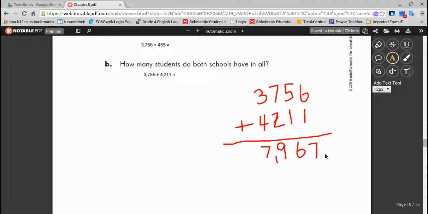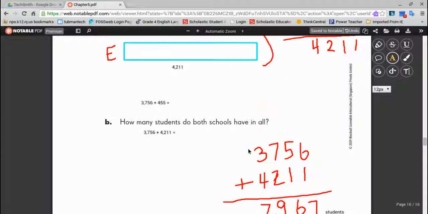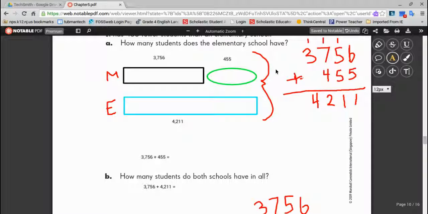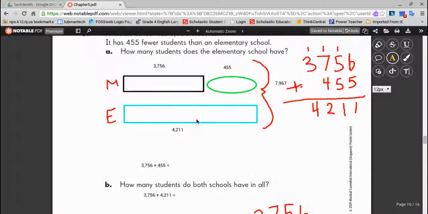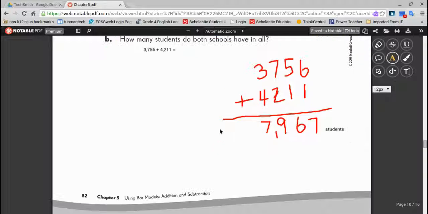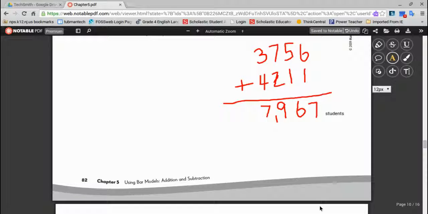So let's put the word students right next to this. Okay, so how many students do both schools have in all? We know the answer over here. And again, what I like to do is I like to write that answer right in here again. 7,967. And that finishes up my bar model over here. Alright, and that's page 82.